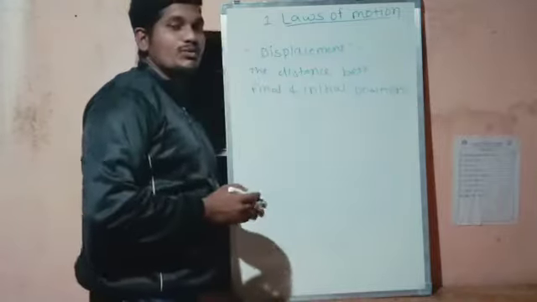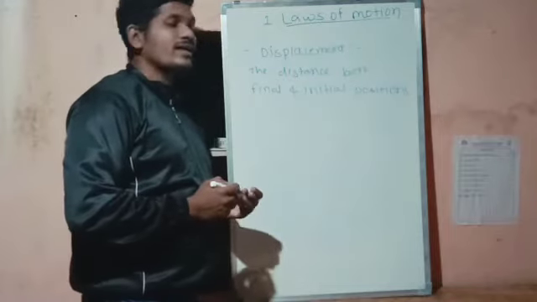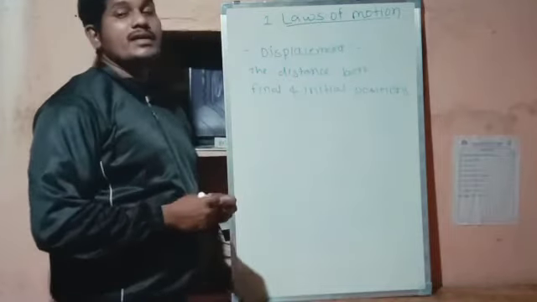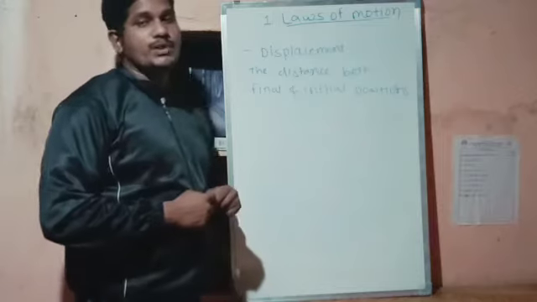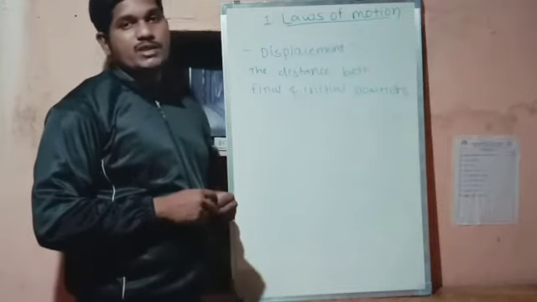I will explain one more time. Displacement is defined as the distance between the final and initial positions of the object.